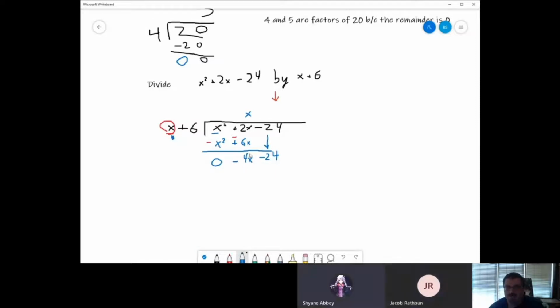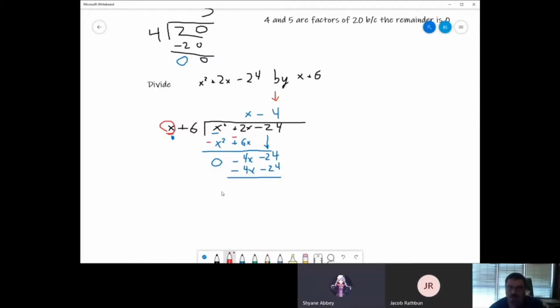X times what gives us minus 4x? Minus 4. And then we're going to multiply. Minus 4 times x is minus 4x. Minus 4 times positive 6 is minus 24.